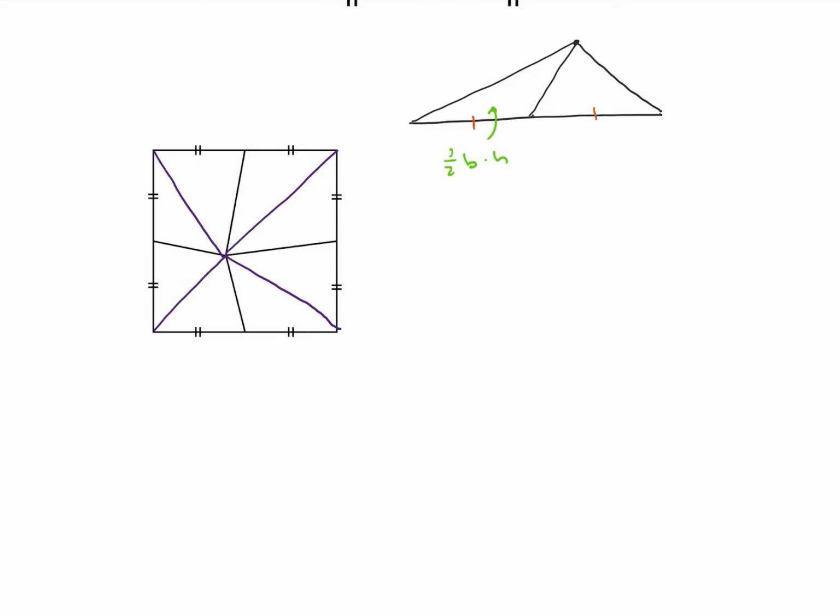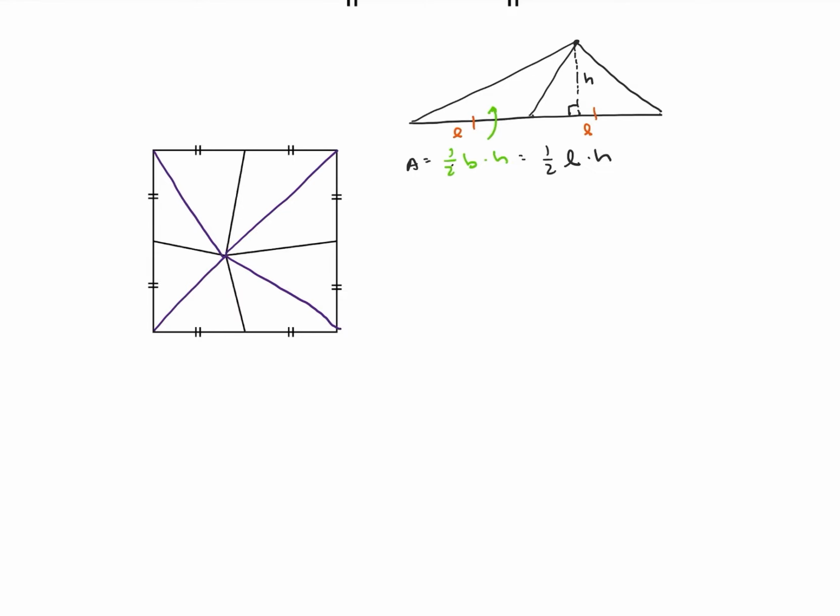Okay, so let's just name this length L. Then the height of this is going to be coming down from the top. We'll call this the height H. So my area is going to be 1/2 L times H.